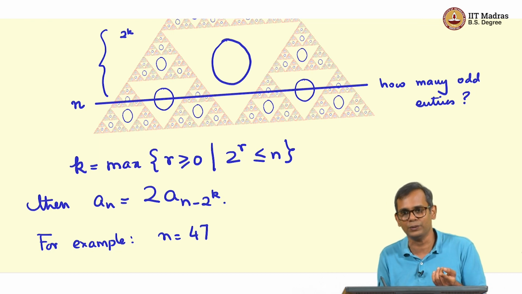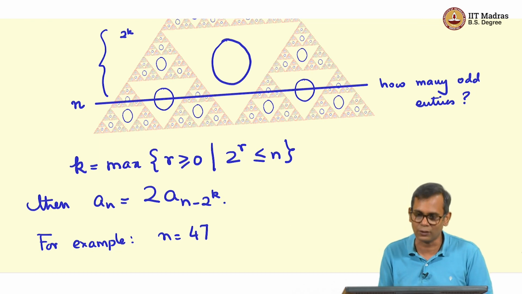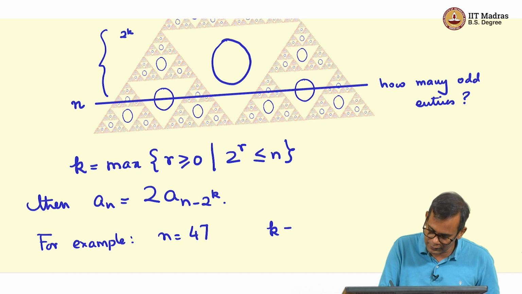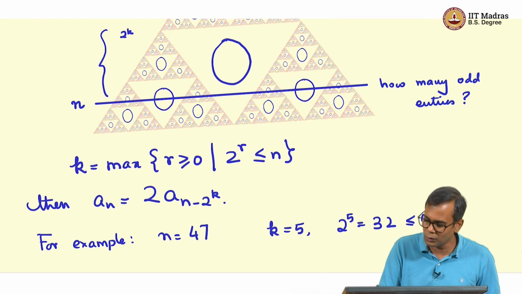So, 32 is the largest power of 2 that is less than 47, and 32 is 2 to the power 5. So, in this case k is equal to 5. 2 to the power 5 is 32, which is less than or equal to 47, and 2 to the power 6, which is 64, is greater than 47.